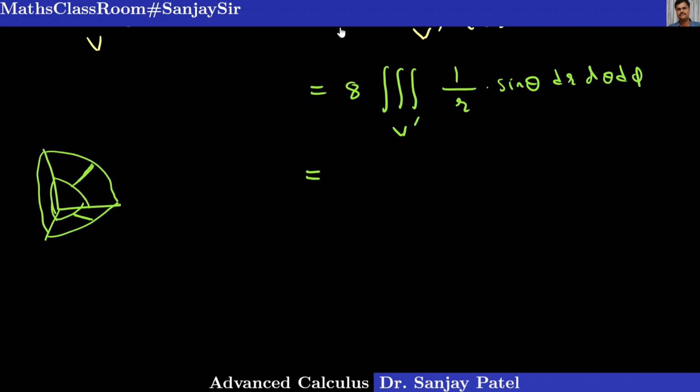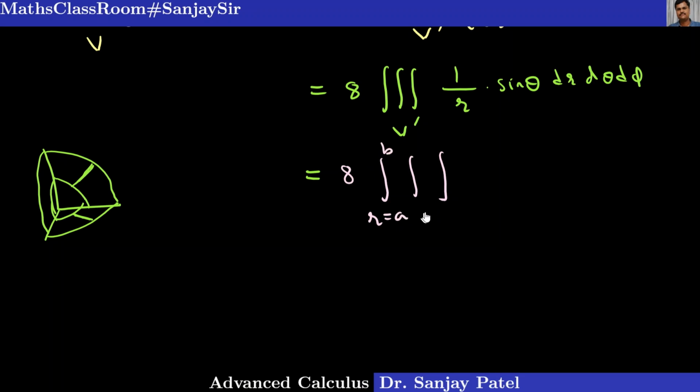So I can write down the limits of integration for r, theta, and phi in this manner. The r varies from a to b.